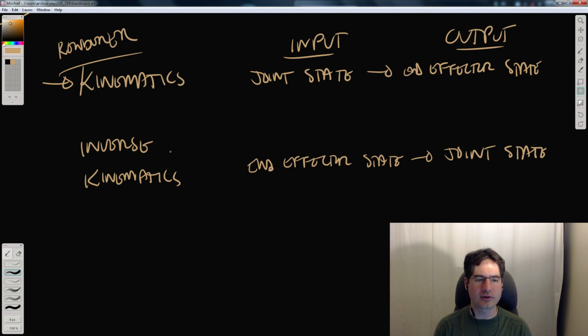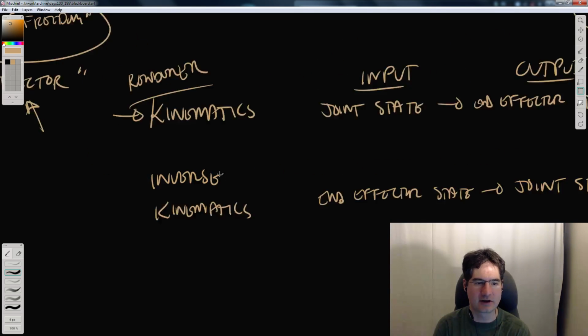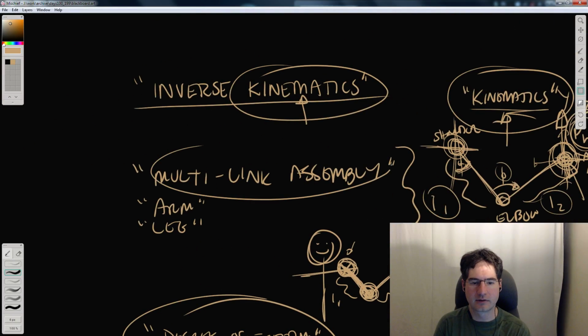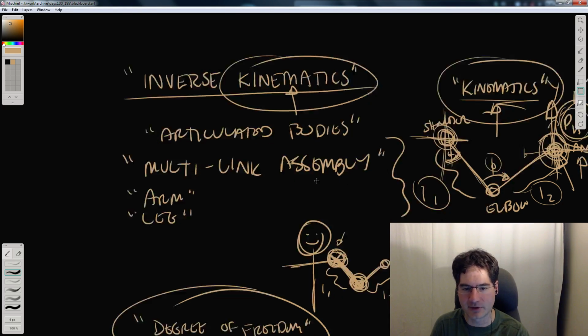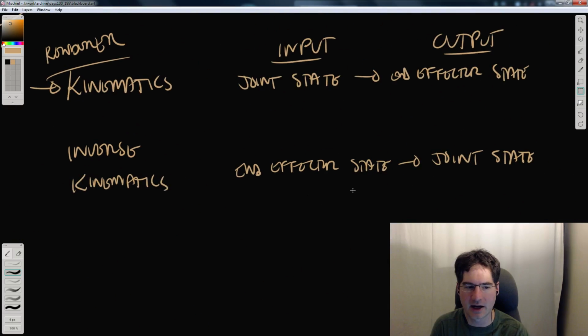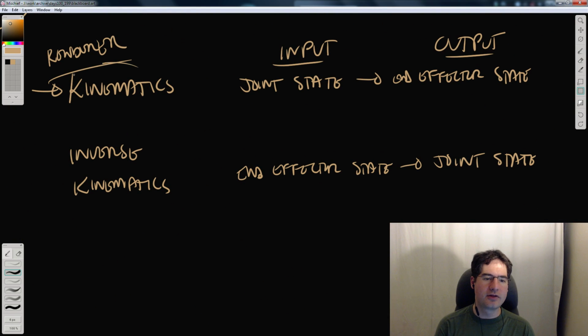In a 3D renderer or 2D renderer or any renderer that wants to deal with articulated bodies, and by the way, these things are often called articulated bodies. Don't ask me why, because they articulate and they're made up of rigid bodies, I guess. Anyway, this is what the renderer does. The renderer has some kind of state, like what the joints are, and it has to produce the 3D positions of everything so it can render it.